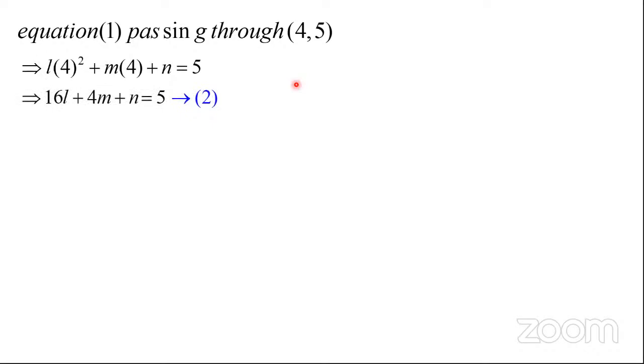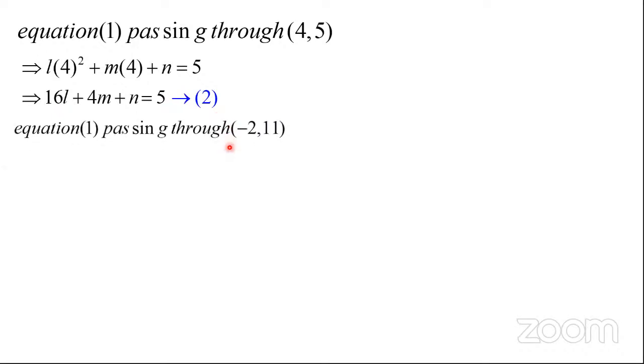If the axis of the parabola is parallel to y-axis, its equation starts with y, children. y = lx² + mx + n. On simplification and rearranging the terms in the form of l, m, n, we get 16l + 4m + n = 5. It's equation 2.